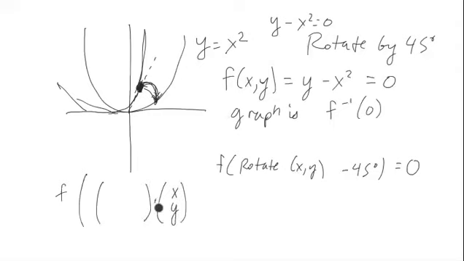We're going to use a linear transformation to rotate it backwards 45 degrees, and that's going to be set equal to 0, and that'll be our equation. So let's see what the backwards rotation by 45 degrees means. Instead of going counterclockwise 45 degrees, this will be the function that takes us clockwise this way, 45 degrees.